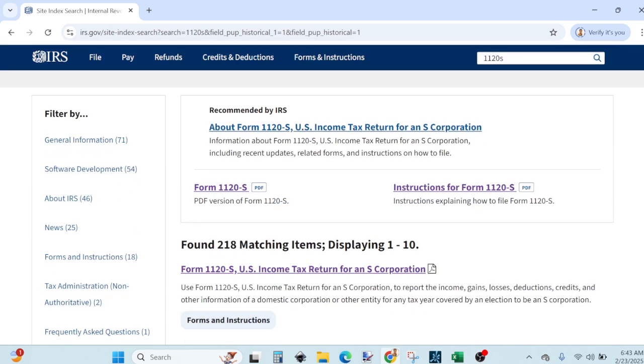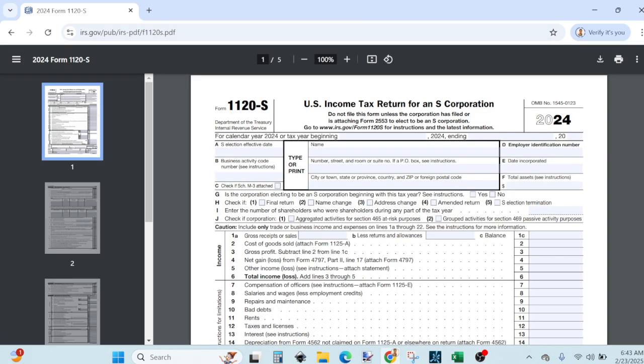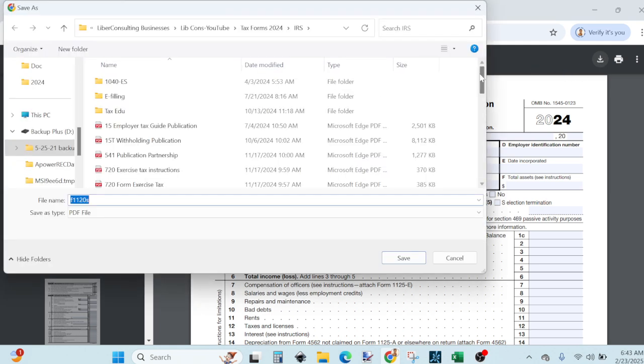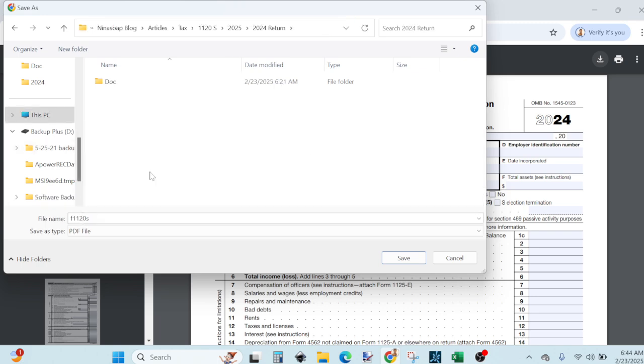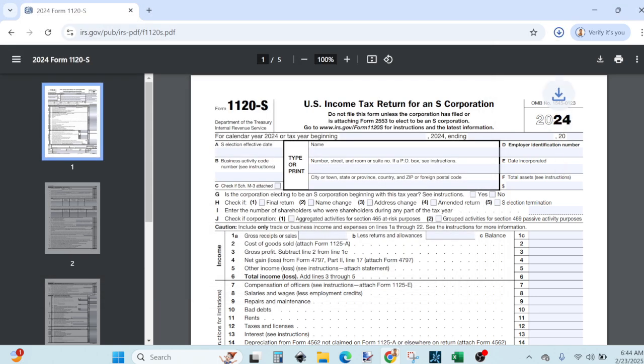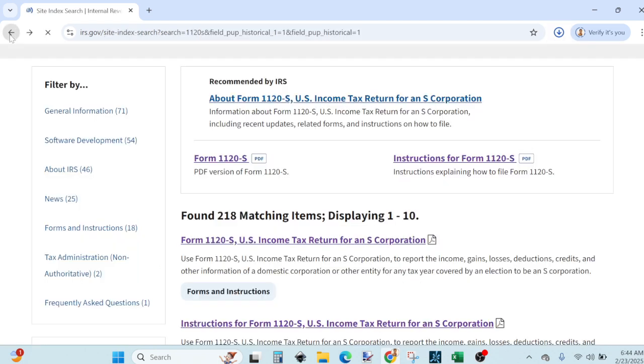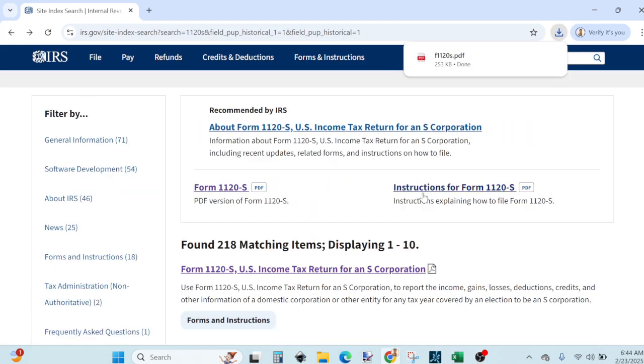Before you do that, you can pull the Form 1120S and save it and use it to do a draft of your returns. That way you have an idea what to expect.